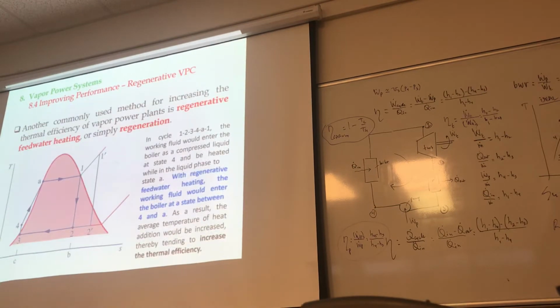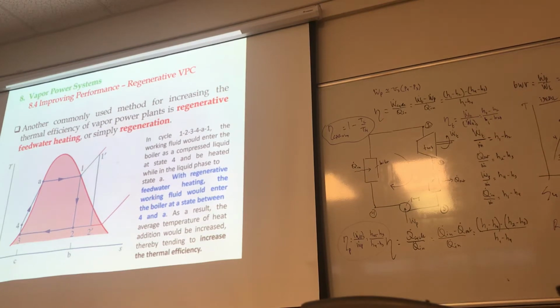Now, improving performance, there is another one which is called the regenerative vapor power cycle. Another commonly used method for increasing thermal efficiency is regenerative feed water heating, or simply regeneration.